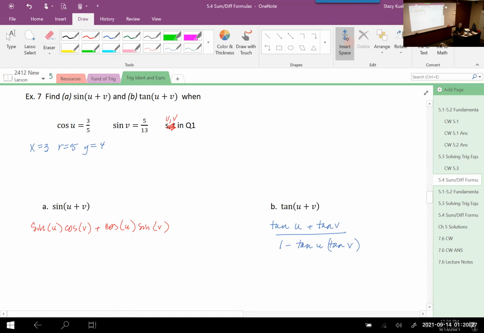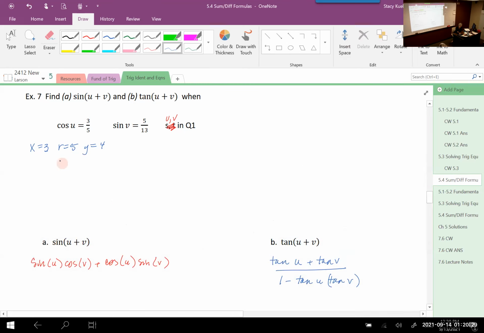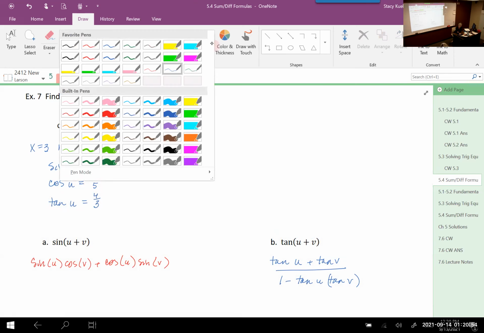And therefore I know that the sine of angle u is 4/5. We already know the cosine of angle u is 3/5. And the tangent of angle u is 4/3, correct?